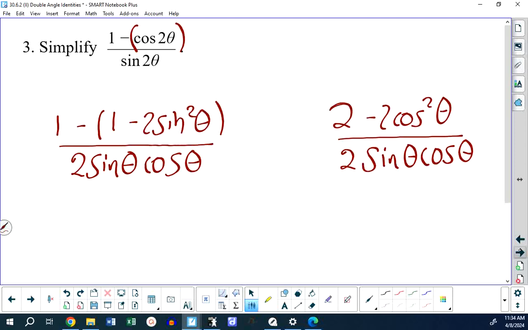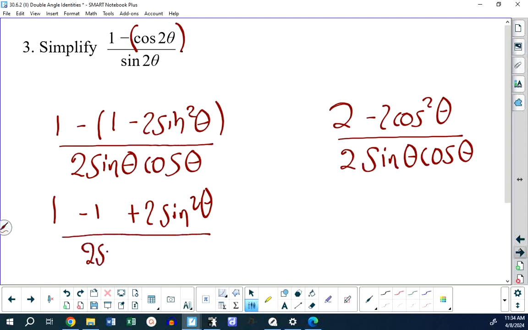Because when you simplify that, you're just going to get 2 sine squared theta on the top. Right? I have 1 minus this 1 minus a negative 2 sine squared theta. Oh, that's perfect because 1 minus 1 is 0. We don't even need to worry about those numbers. And what I end up with is on the bottom 2 sine theta cos theta.